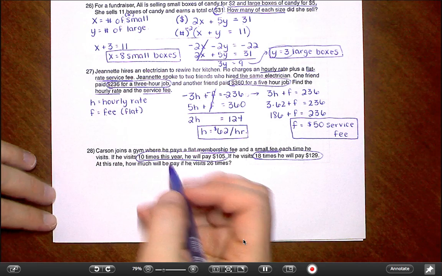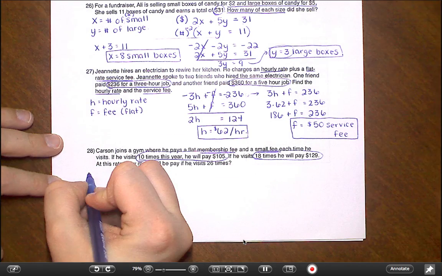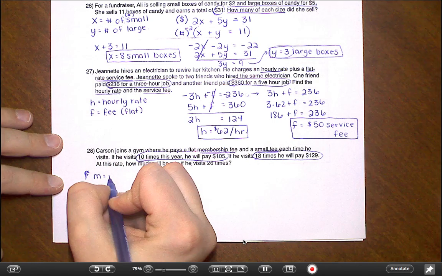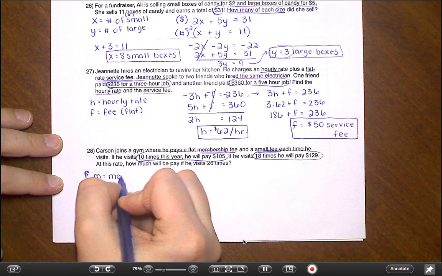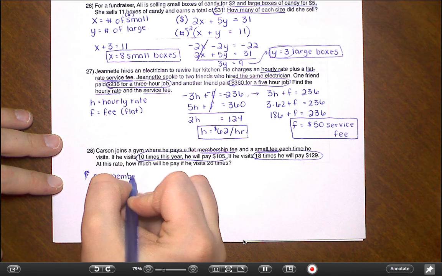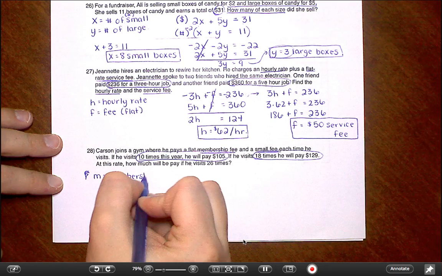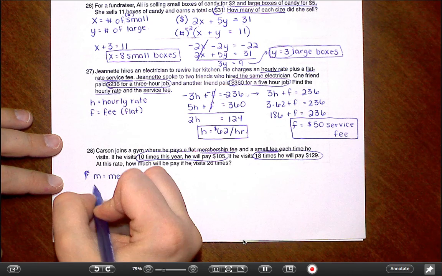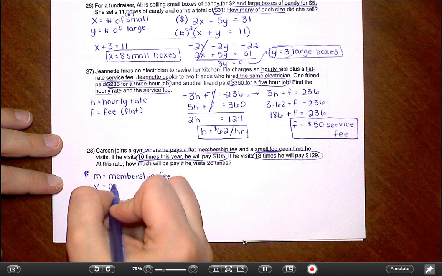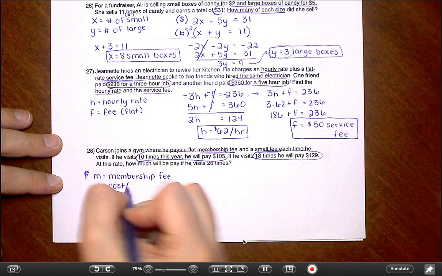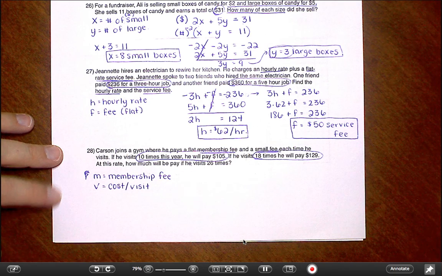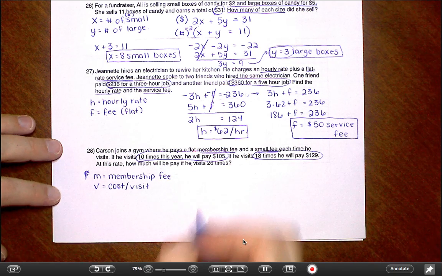So just like before, I'm going to say that F, maybe let's use M. M is my membership fee. And let's let V be my cost per visit. So if we visit 10 times, we're paying $105.